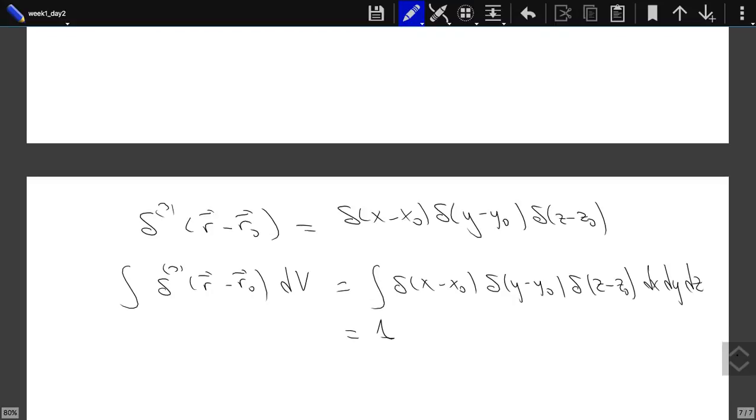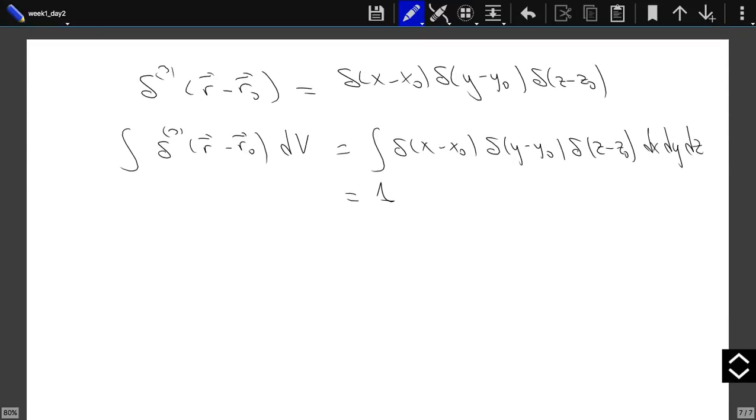Well, I skipped one step. Okay, we define this Dirac delta in Cartesian coordinates. But what about the integrals? Strictly speaking, Dirac deltas don't really make too much sense on their own. But they make sense when you multiply them with some function. So let's go back to the one-dimensional case.